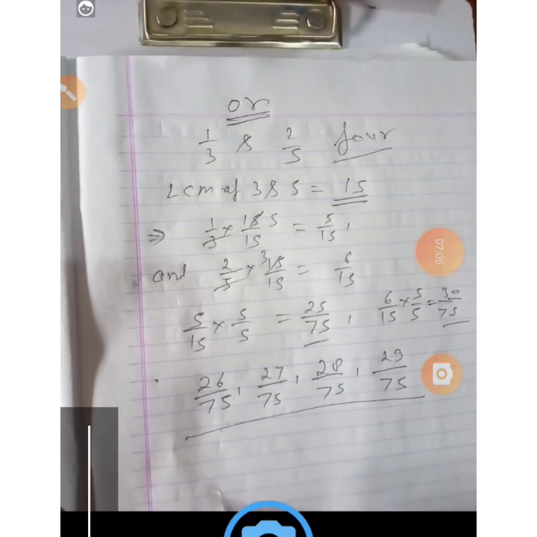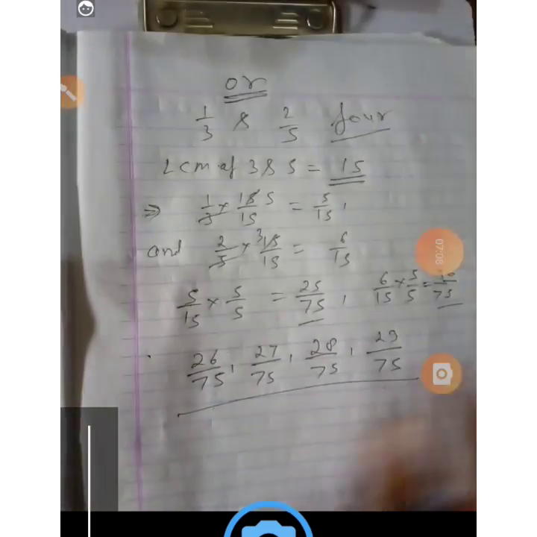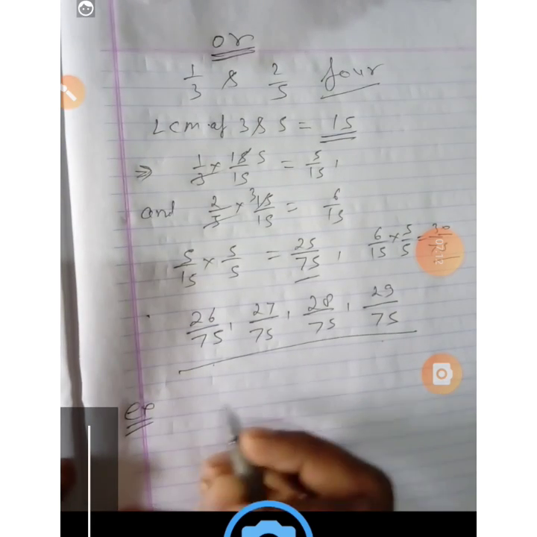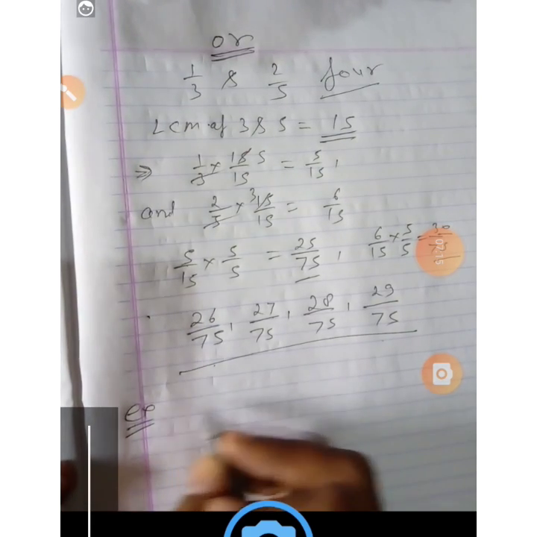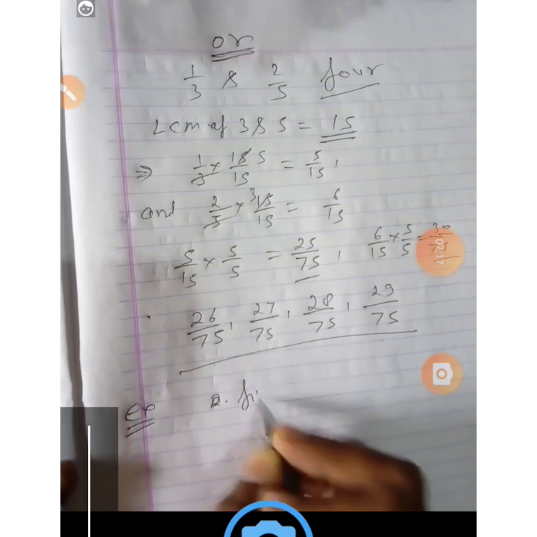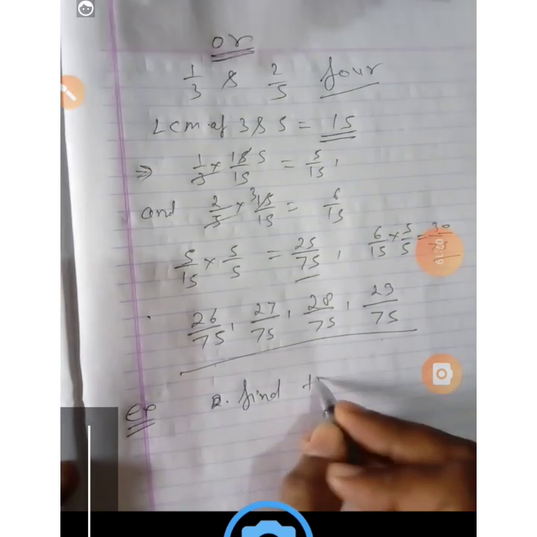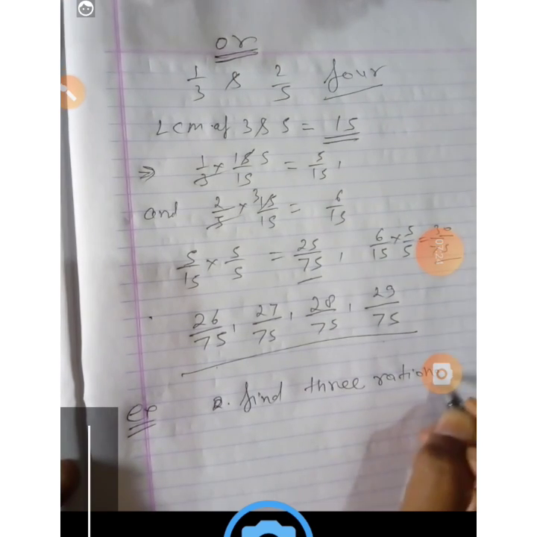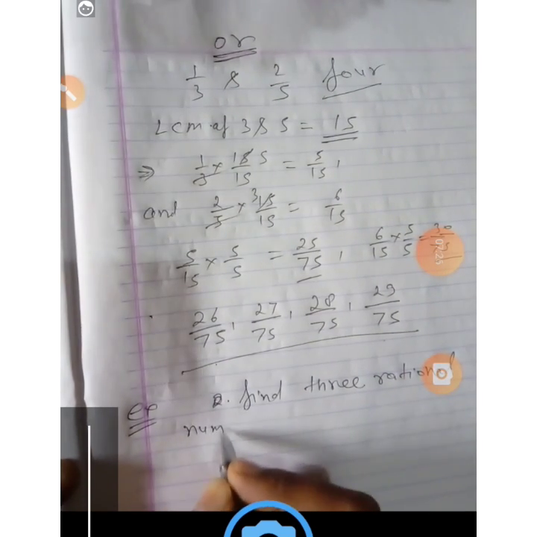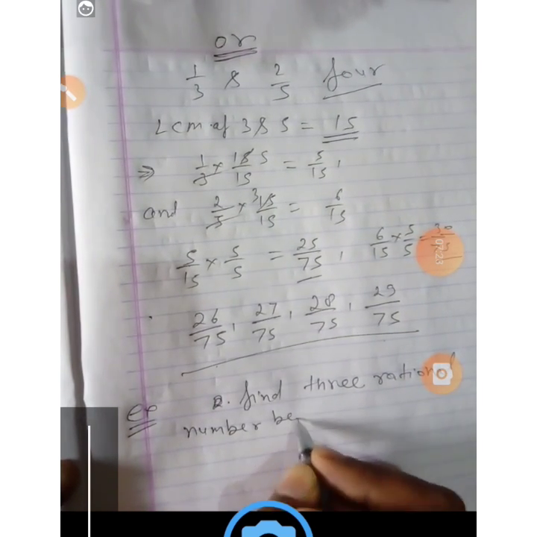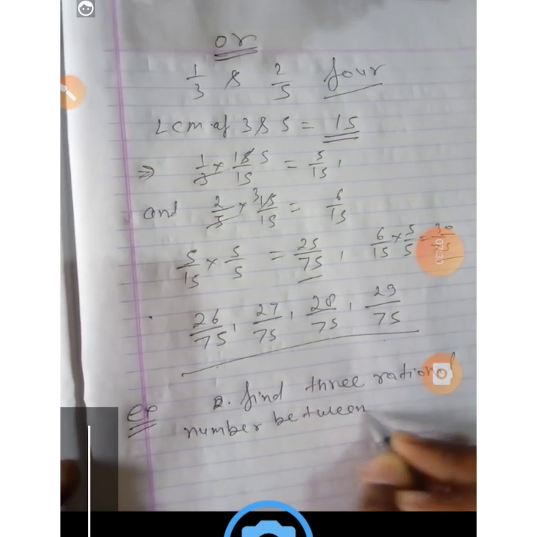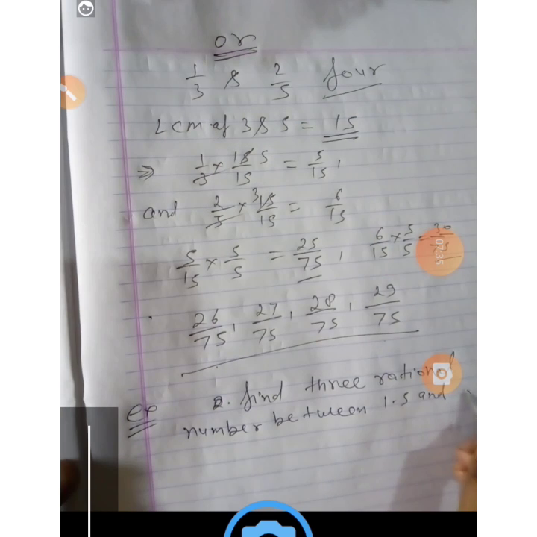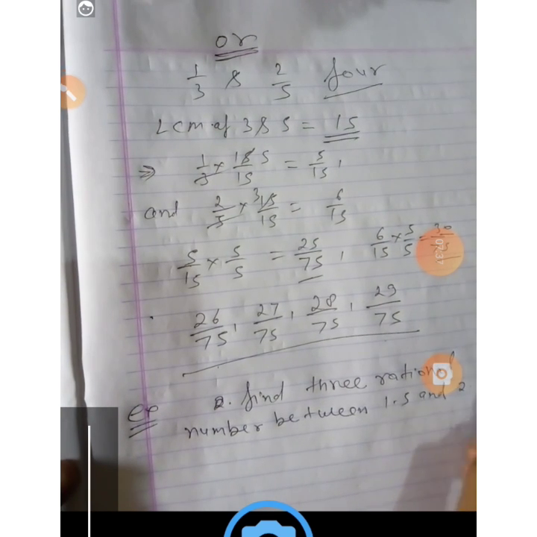Now we take another example, in which our question is in decimal form. Find three rational numbers between 1.5 and 2.5.